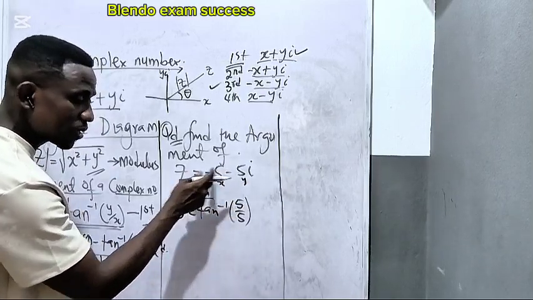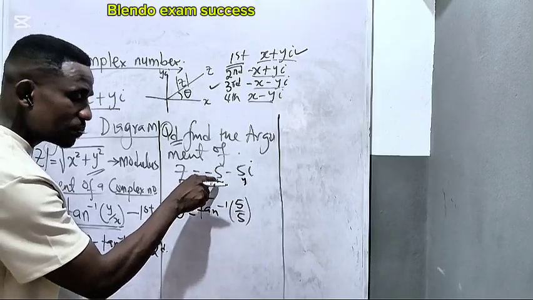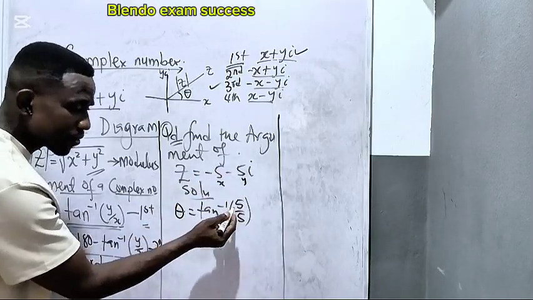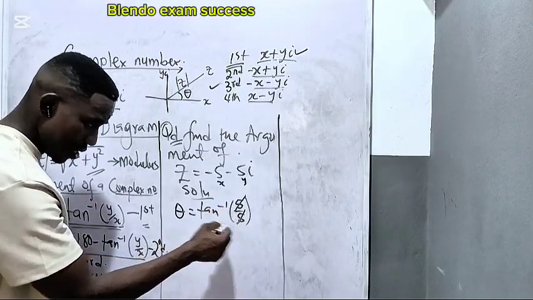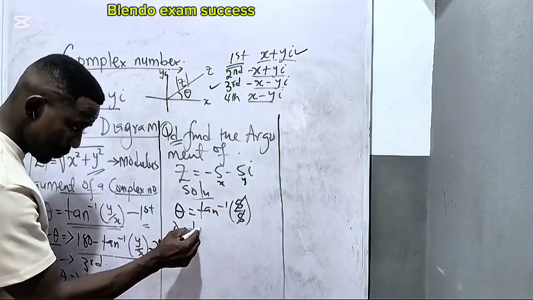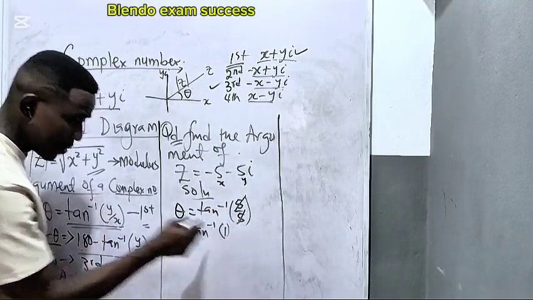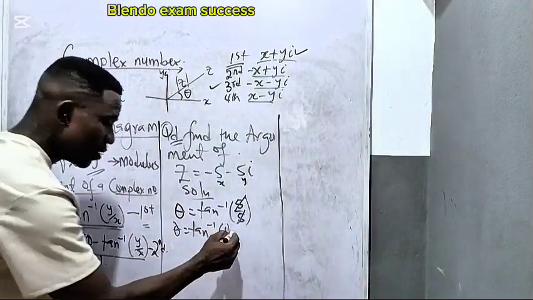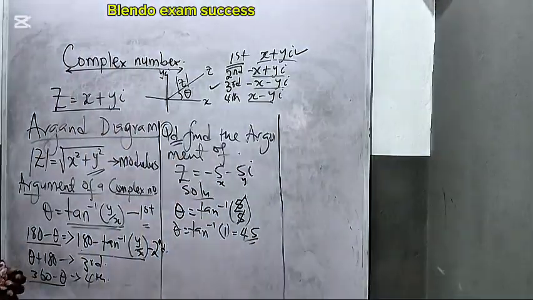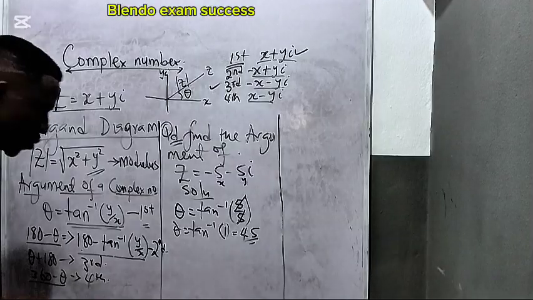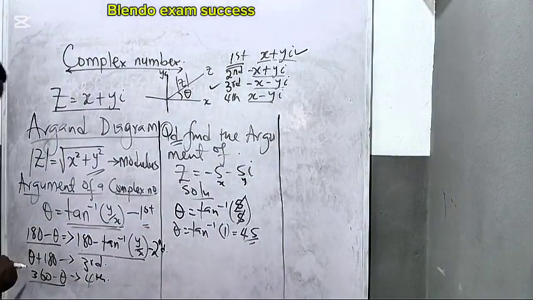Ignore the sign here; let it be the positive value you are picking. 5 over 5, positive value. This cancels this, you have 1. So theta is equal to tan inverse of 1, and tan inverse of 1 is 45. And if tan inverse of 1 is 45, all we need to do is go back again to this place.